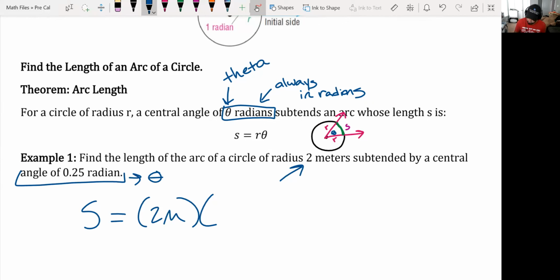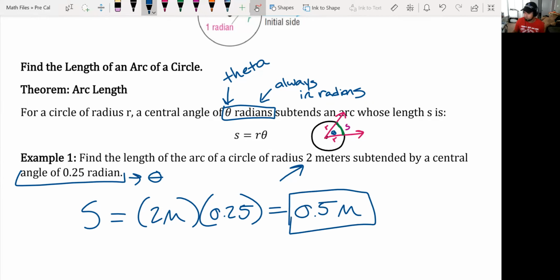So you'll have 0.25. And then just 2 times 0.25, and we're going to get that the length of this arc on the circle is 0.5 meters. That's it. Nothing to it.